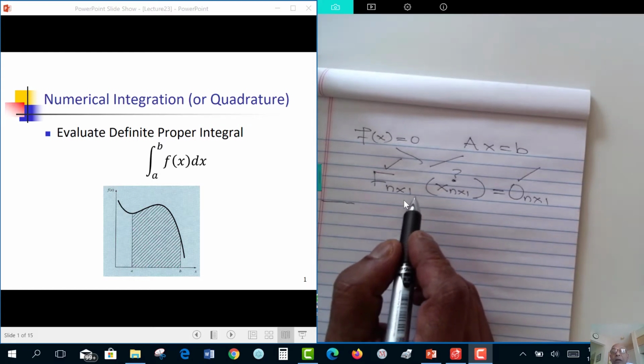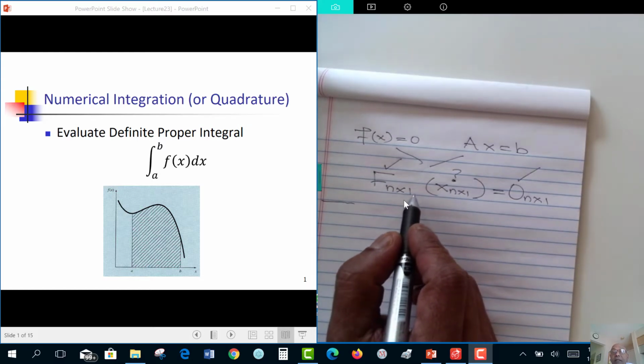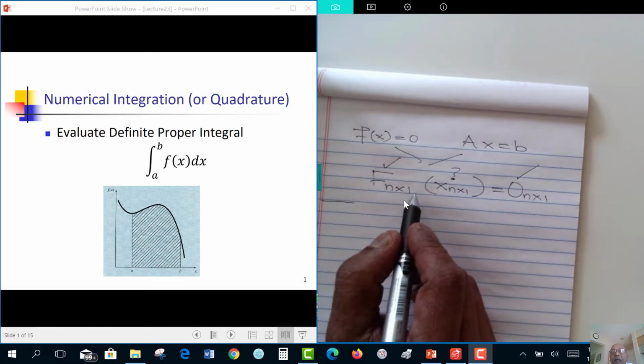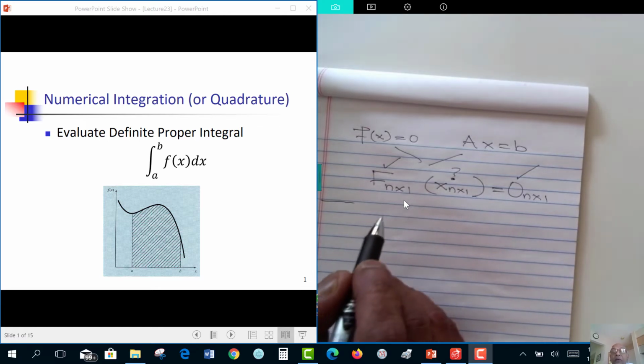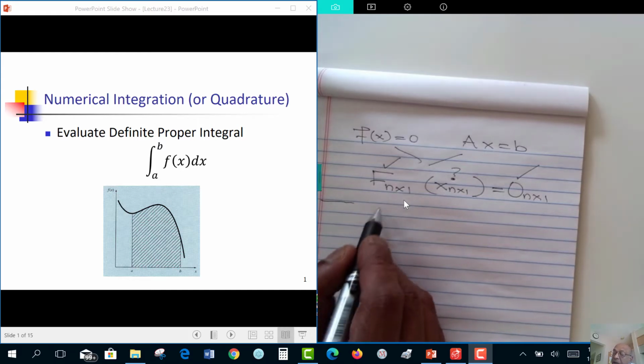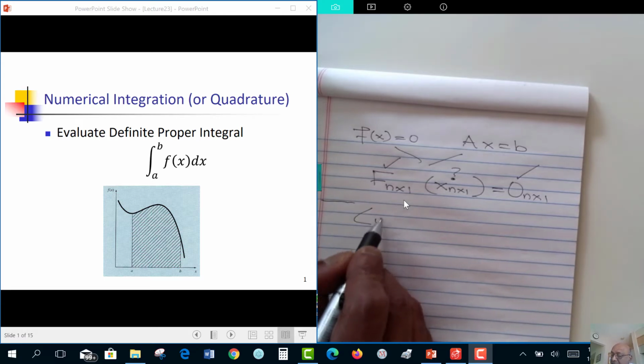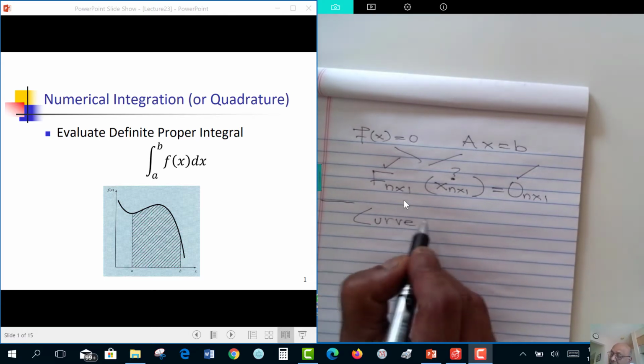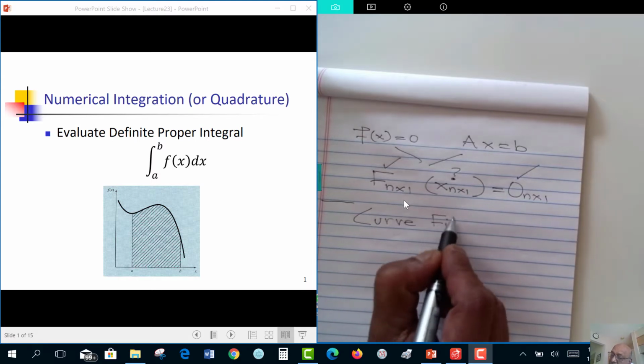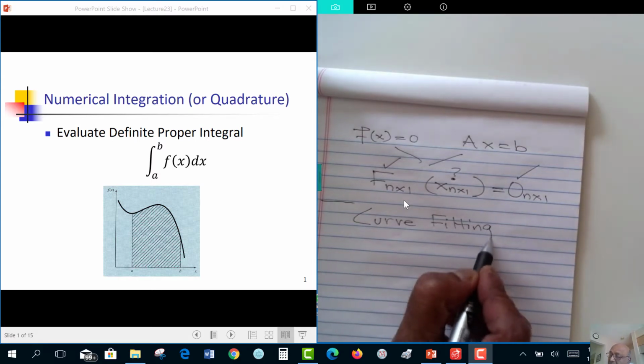And I hope you are able to identify nonlinear systems in your courses or projects and utilize the method you have learned here to solve it. But the main thing we did after this is we utilized these ideas of linear algebra, solving a system of equations in curve fitting.